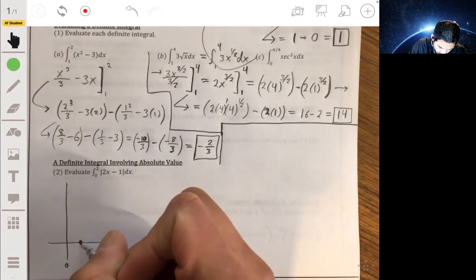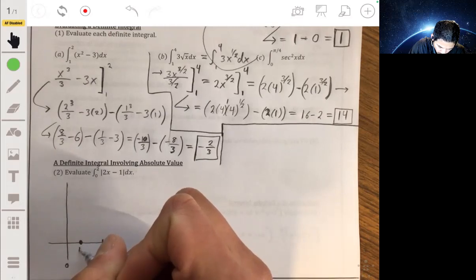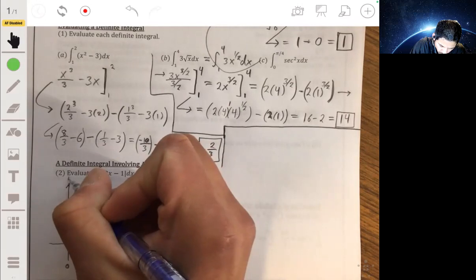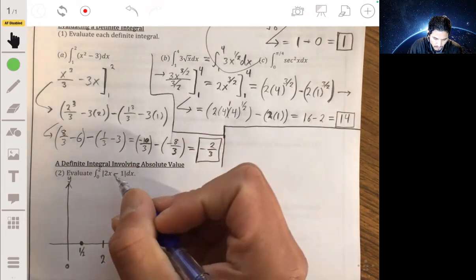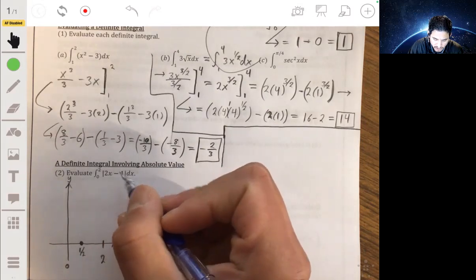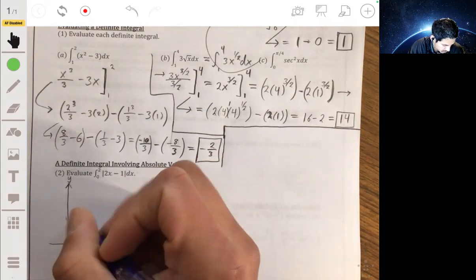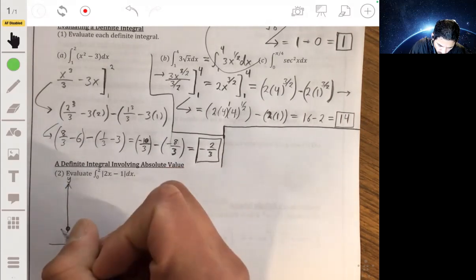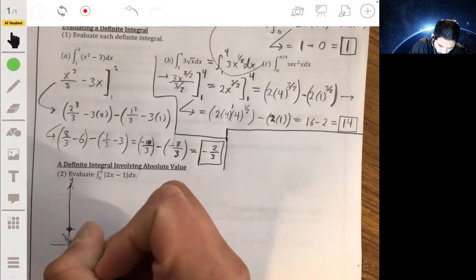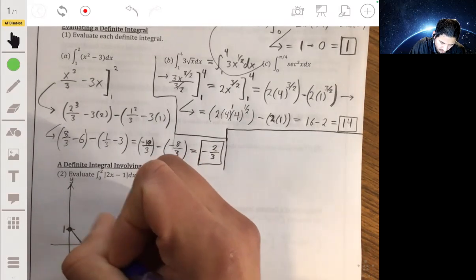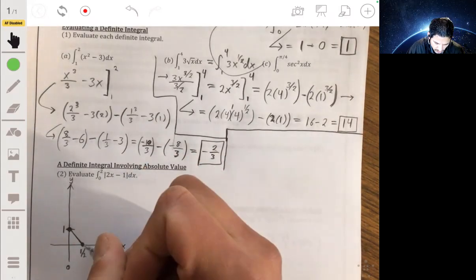So it's going to intersect the x-axis at 1/2. This is x, this is y. And when x is 0, you'll have 0 minus 1, so the absolute value of 1, which is just 1. So you're going to have this point here at 1. So your graph is going to look like this on the left, and to the right, it's going to be doing this.